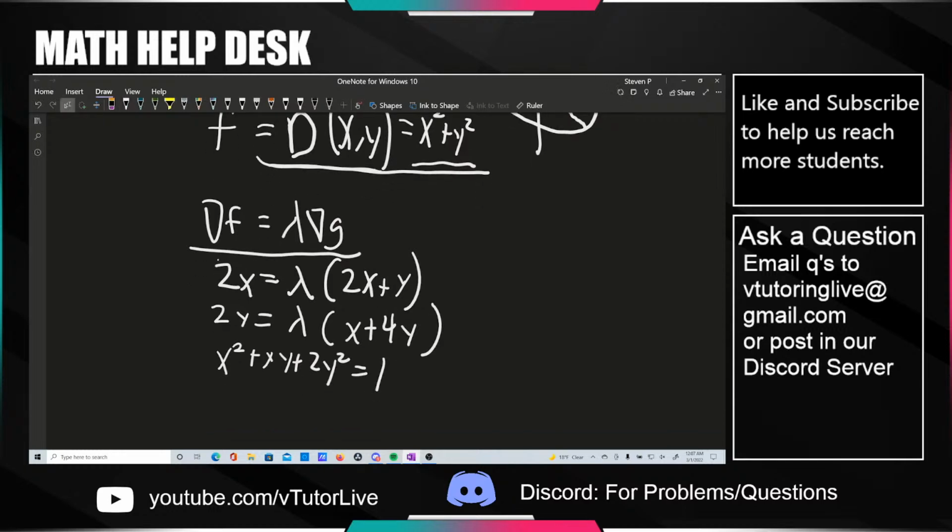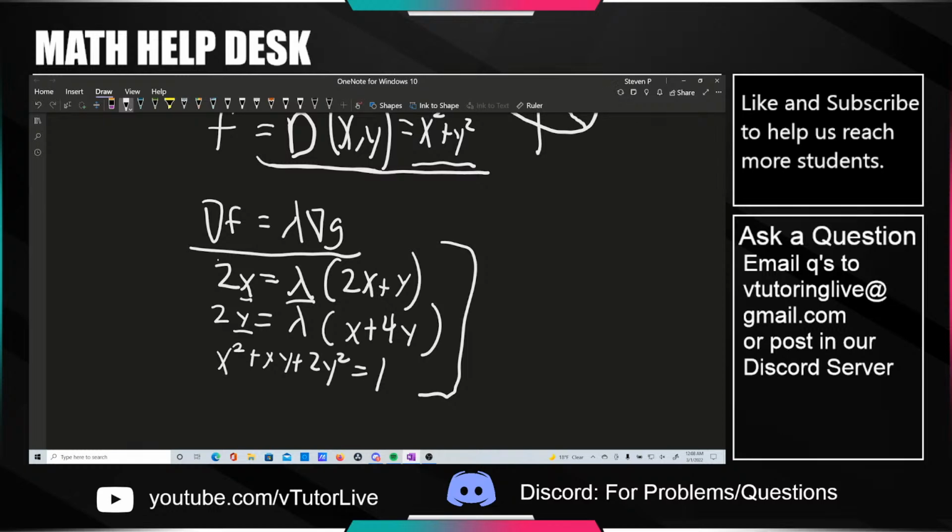So, three equations and three unknowns. X, y, and lambda are your three unknowns. So with something like this, you basically just gotta go through and start crunching through the pain, essentially. It kind of sucks, to be honest with you.